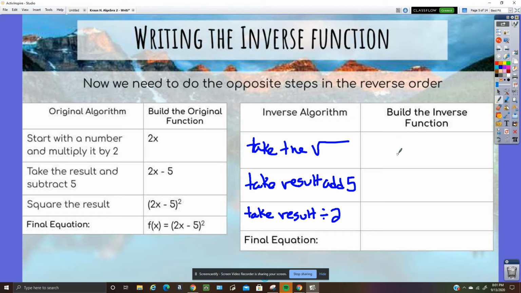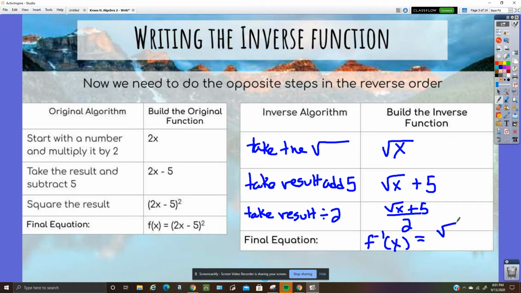Okay, so the inverse function would be: you have some number x, take the square root, and then you're going to add 5 to that, and then take that result and divide by 2. So the inverse equation then would be square root of x plus 5.